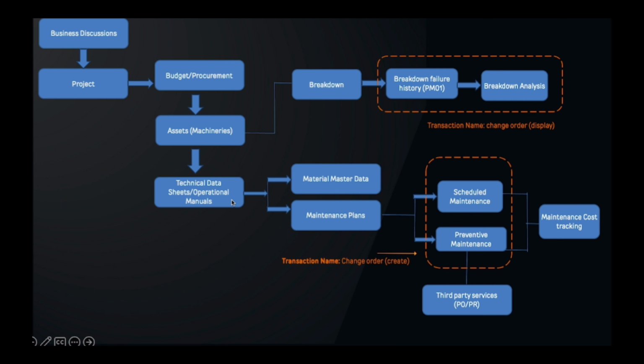Now, from some of the spare part lists that are also going to be supplied by the original equipment manufacturer, we are going to be able to draw out a material master data. This material master data would include all of the spare parts that will be needed for the maintenance of these assets.